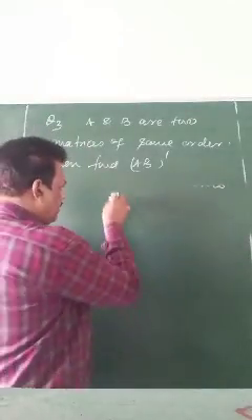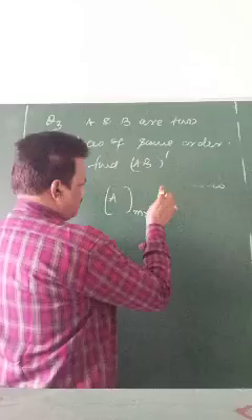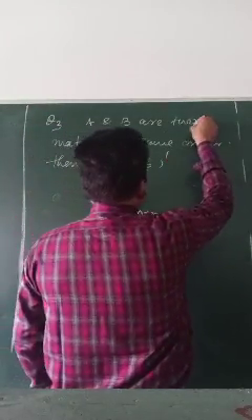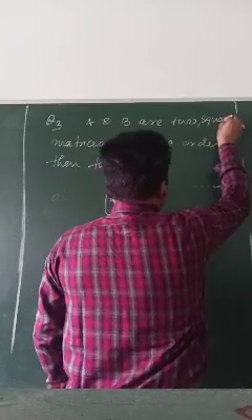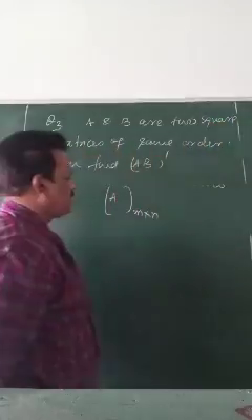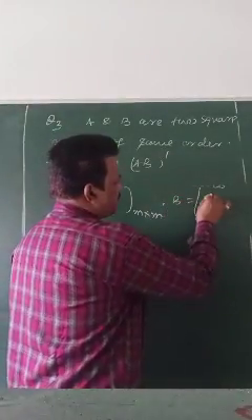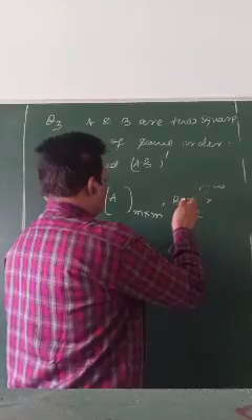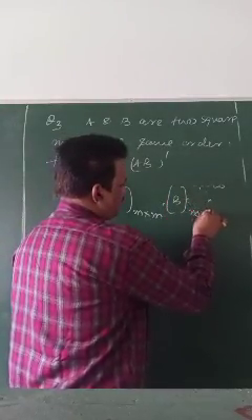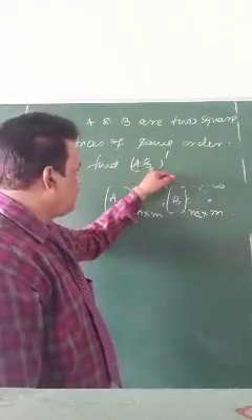If I take A as a matrix M cross N, two square matrices of the same order, M cross M, B is also M cross M. That means row equals column, so the product is defined.